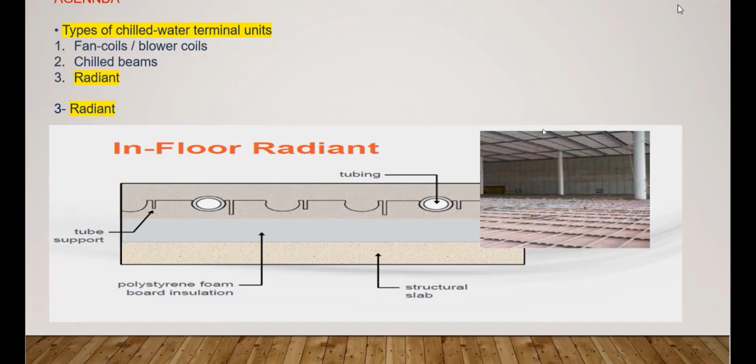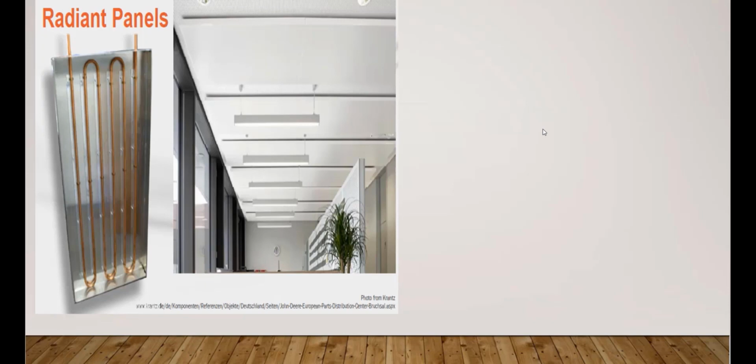We have the coils inside the floor, for example in floor radiant, and this system uses radiation to cool the space. It has radiant panels embedded inside the walls or the floor, or also the slab ceiling.